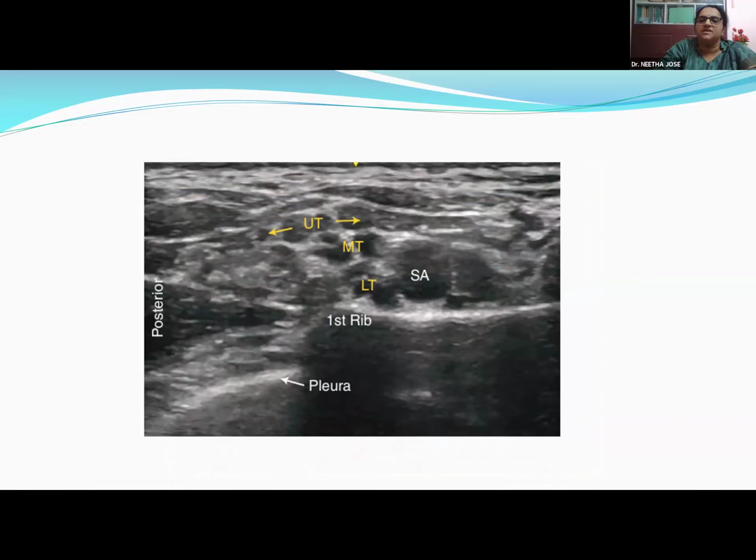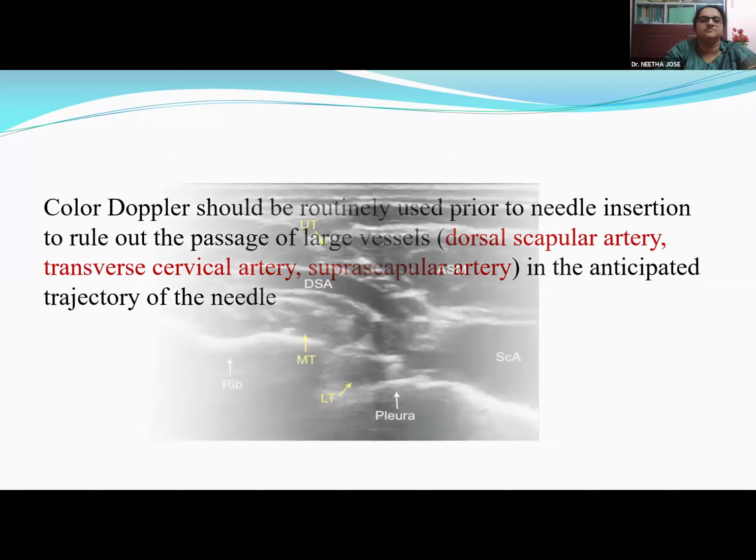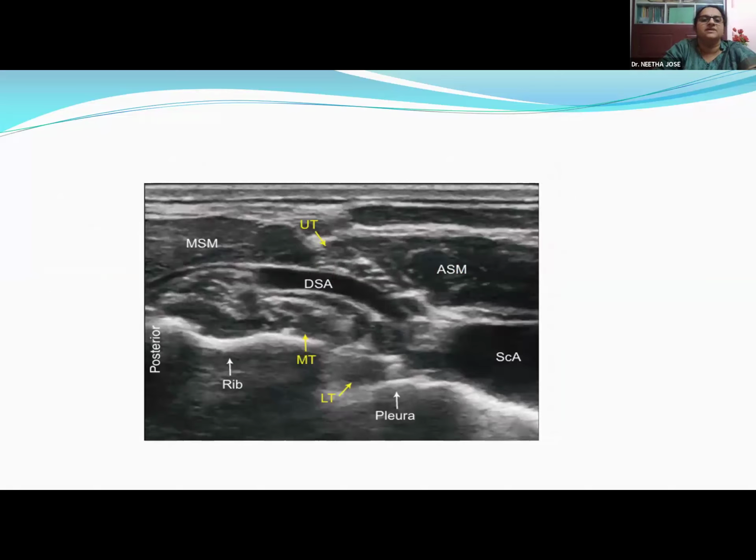A color Doppler should be routinely used prior to needle insertion to rule out the passage of large vessels, dorsal scapular artery, transverse cervical artery, suprascapular artery in the anticipated trajectory of the needle. Here you can see the dorsal scapular artery between the upper trunk and the middle trunk. So you should be very careful while doing the block.